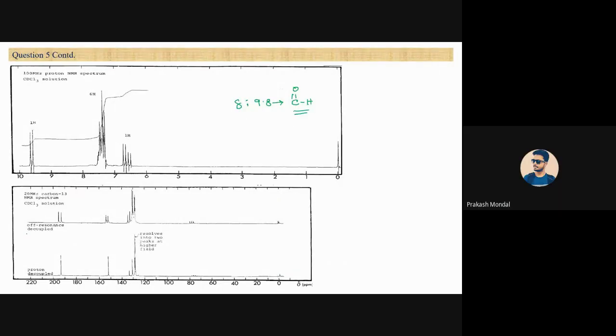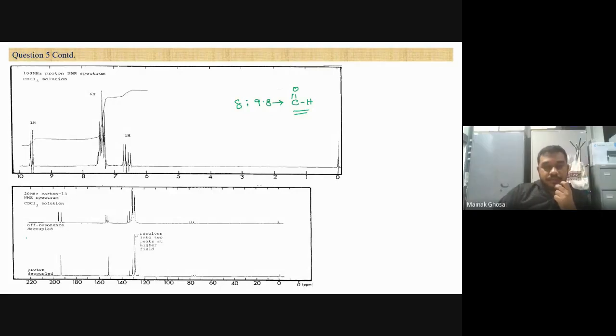Sir, for the loss of 29, we can assume that at first the aldehydic proton is removed for a 1 mass unit loss, and then the carbonyl for 28. Yes, that is highly possible. So first you need to arrive at the structure, and then you fragment it and match with the mass spectrum.